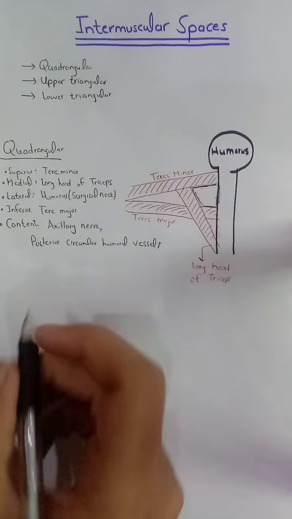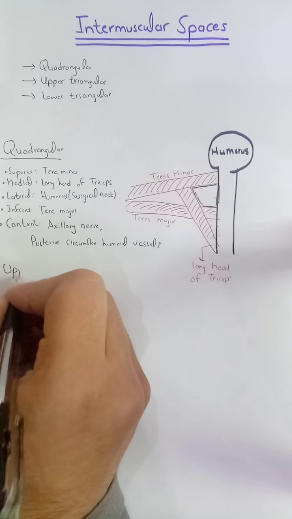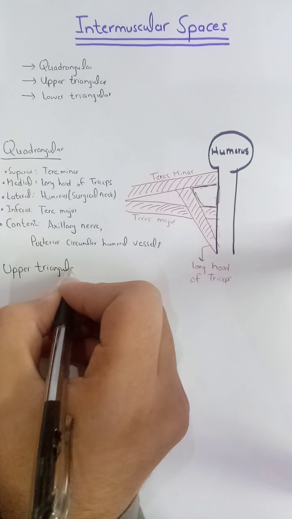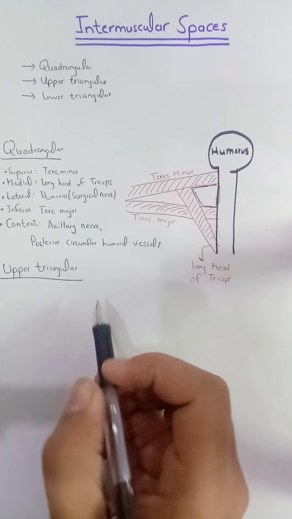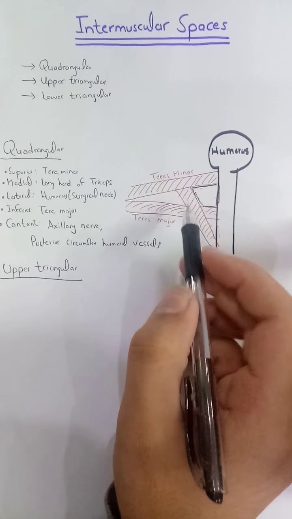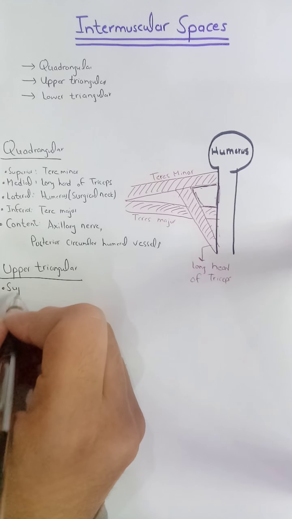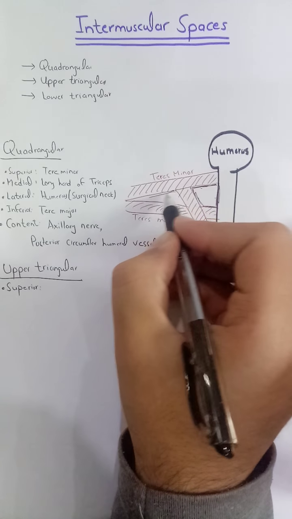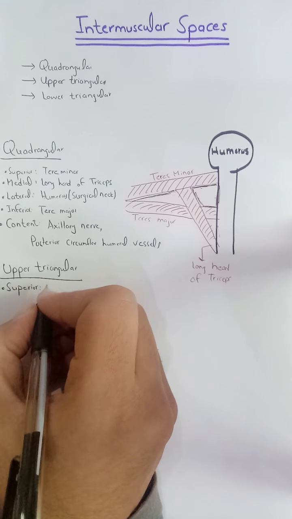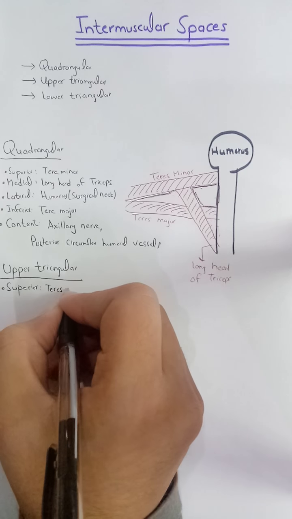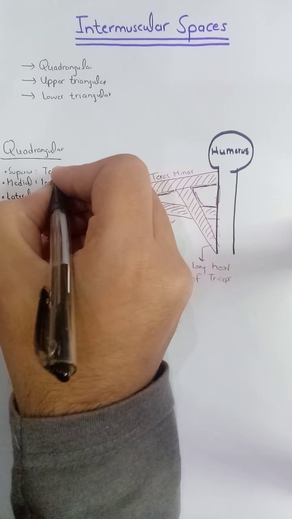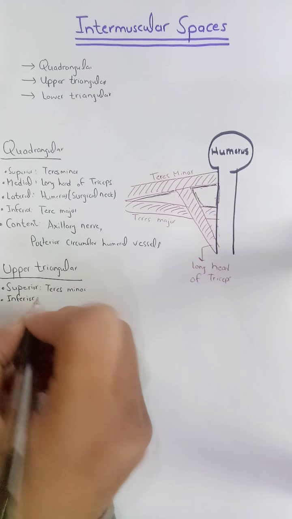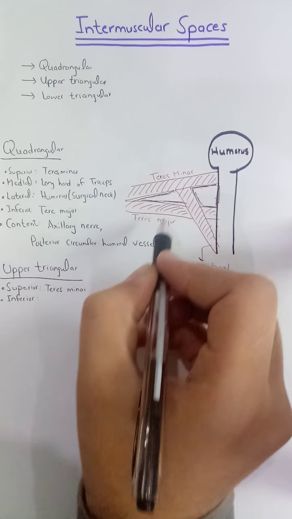Now we will move toward the next space, which is the upper triangular space. Now we will see the boundaries of this space. The superior boundary will be of the inferior border of teres minor. Then the inferior boundary will be by the superior border of teres major.